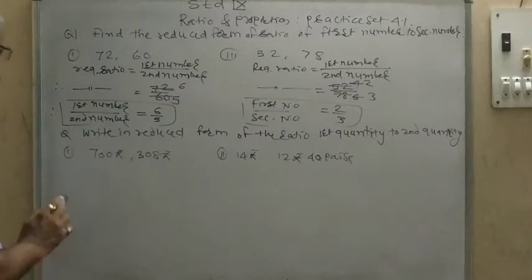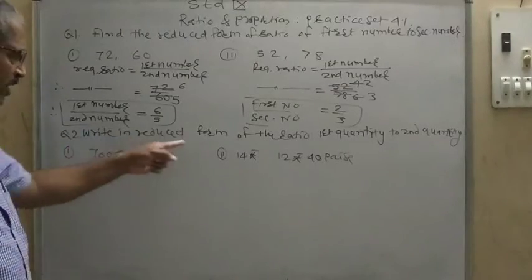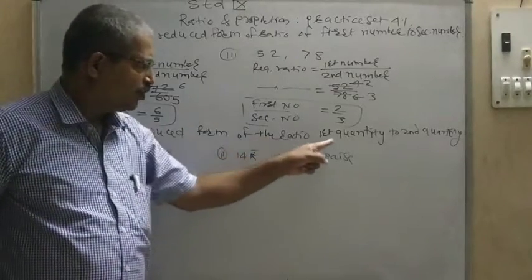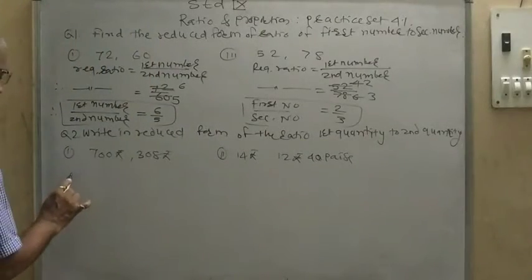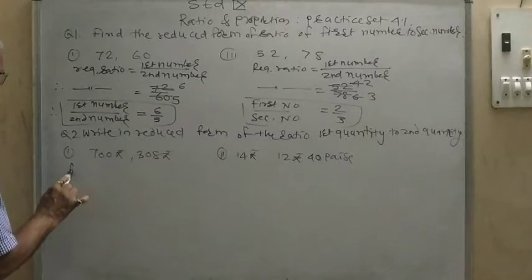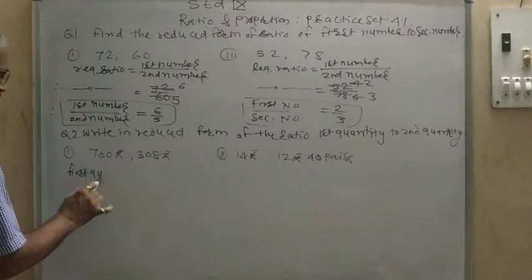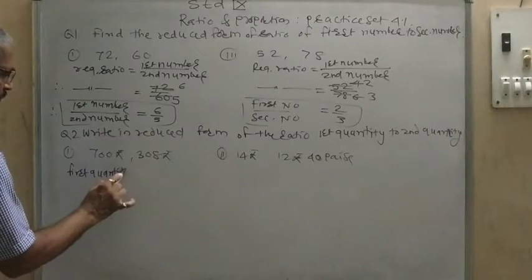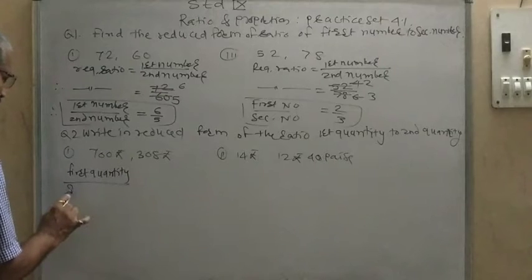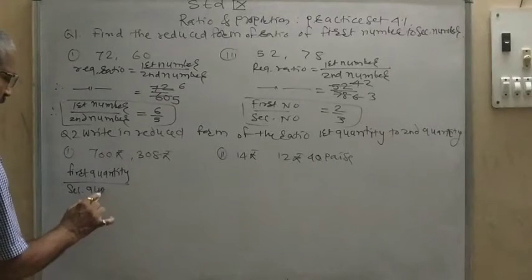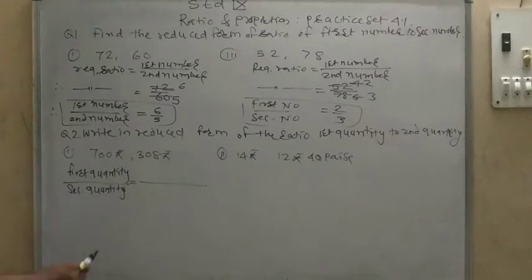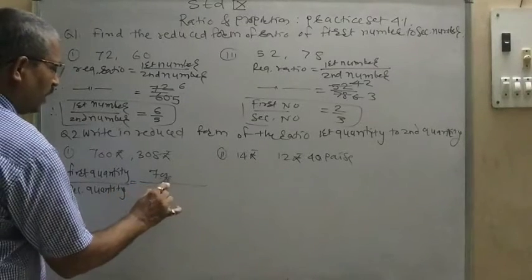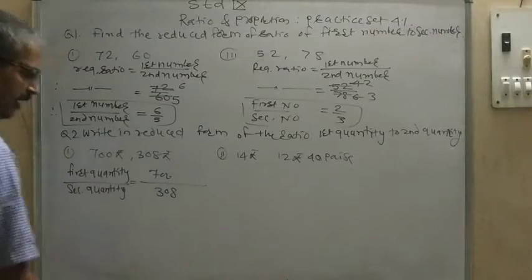Now question number 2 is given. Write in reduced form the ratio of first quantity to second quantity. I will write here first quantity upon second quantity is equal to 700 upon 308.